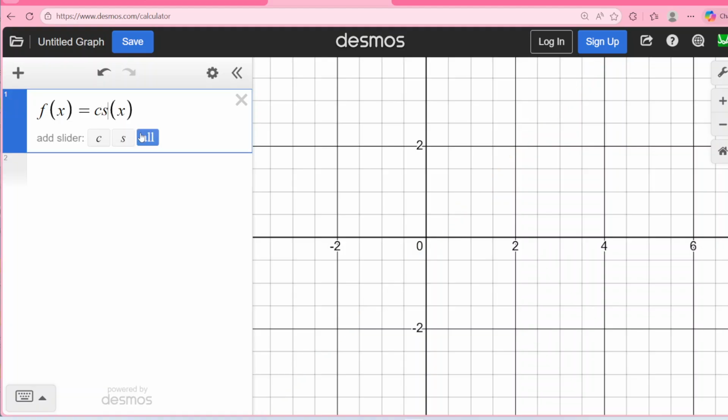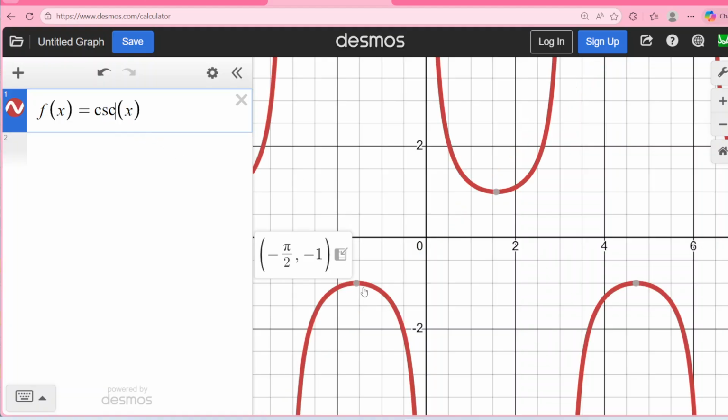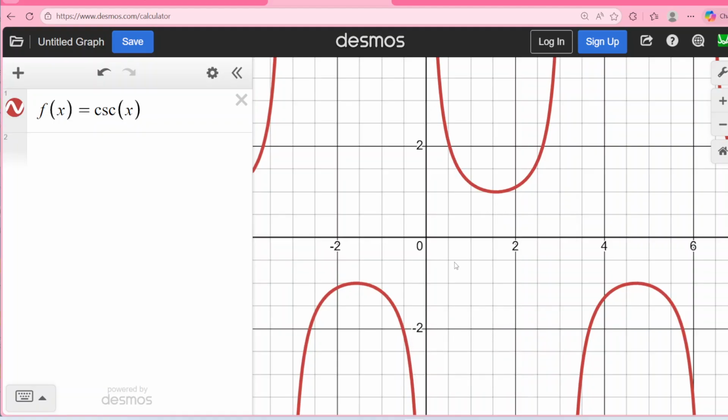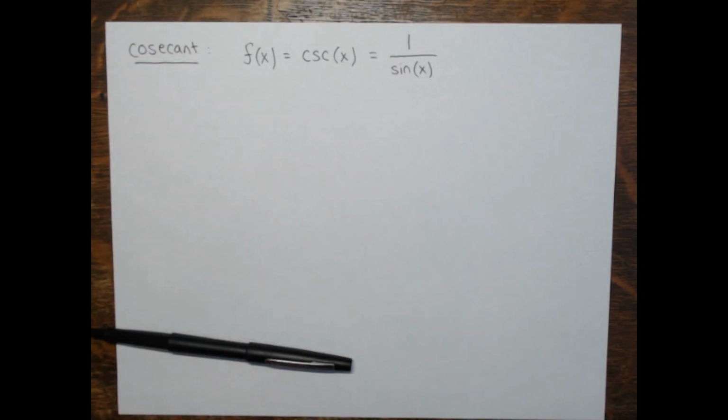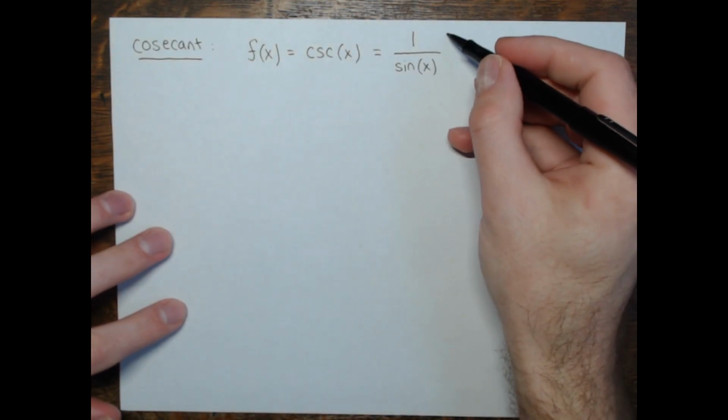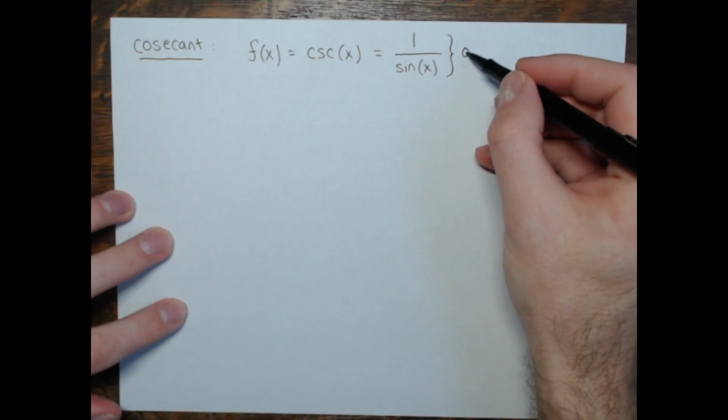When I go CSC, it's U down, U up, U down, and there's again 1 and up, -1 and down, nothing in between. And the asymptotes at multiples of pi: 0, pi, 2 pi, and so on. All right. So again, just to refresh you as to what those look like. So now quotient rule once again for the derivative.